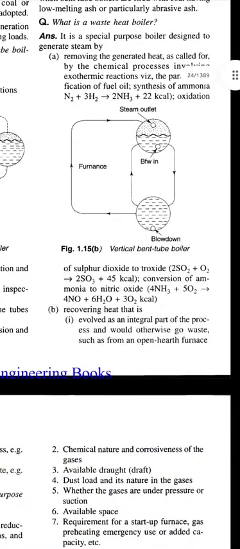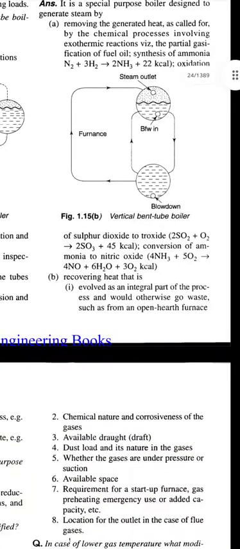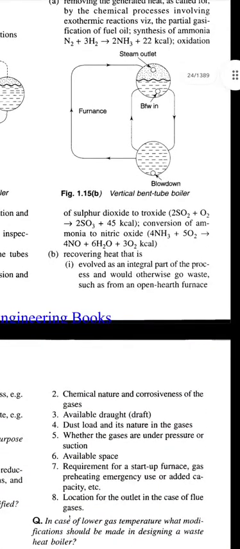Next one. These are removing the generated heat as called for by the chemical processing involving exothermic reaction. So the next purpose of the boiler designed to generate steam is recovering heat, that is B point.